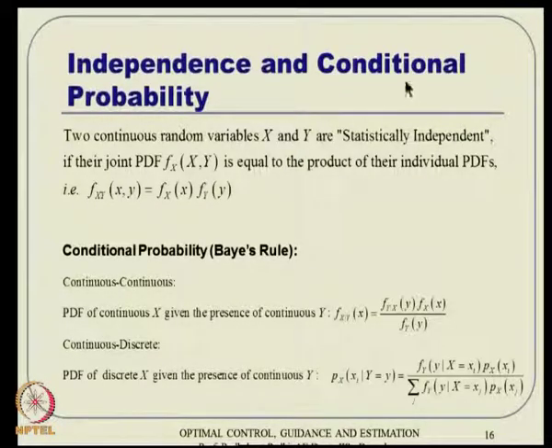Then there is a concept called conditional probability. These 2 continuous random variables x and y are statistically independent if their joint PDF, fxy of x,y, is equal to the product of their individual PDFs. That means it turns out to be the multiplication of both.